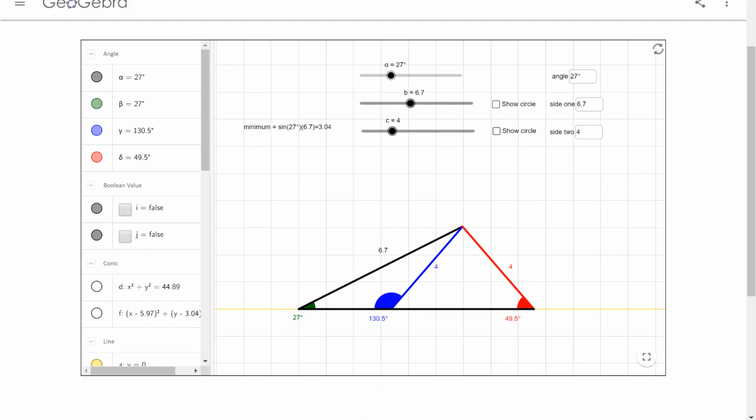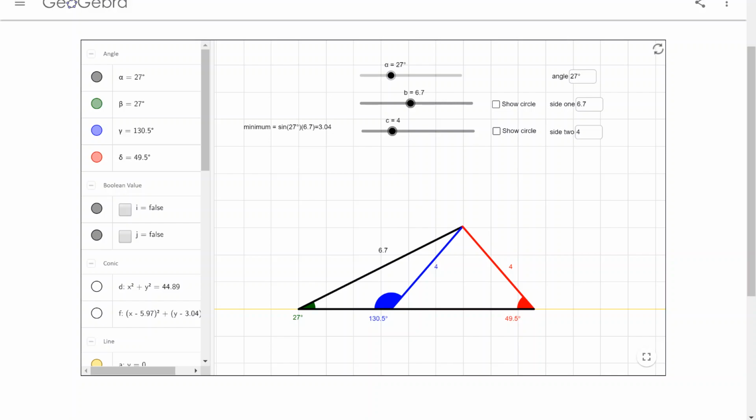So we see here that we have one triangle over here that has a side 6.7 units long and another side that's 4 units long with an angle of 27 degrees. But there's also this other triangle in red that has the same characteristics. So this is an example of an ambiguous case.